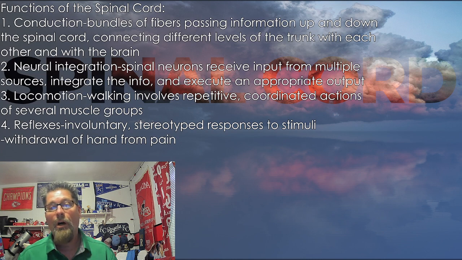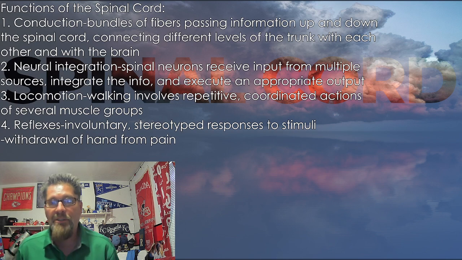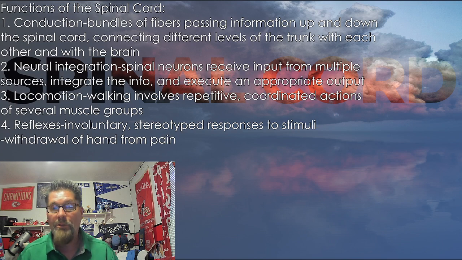Locomotion. Locomotion and reflexes, the third and fourth, those are a lot of similar ideas. We know that when we talked about reflexes, we saw that if you put your hand on a hot object, you're going to pull it away, but there's also the antagonist reflexes to help you stay balanced, especially when we saw it with the foot.